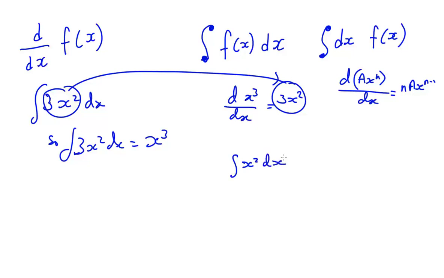Now if we know the integral of 3x squared dx, then this is the same as saying 1/3 of the integral of 3x squared dx, which from our previous one we know is equal to 1/3 of x cubed. One of the things you need to remember is that when we take the derivative, d/dx of x cubed, we get 3x squared.